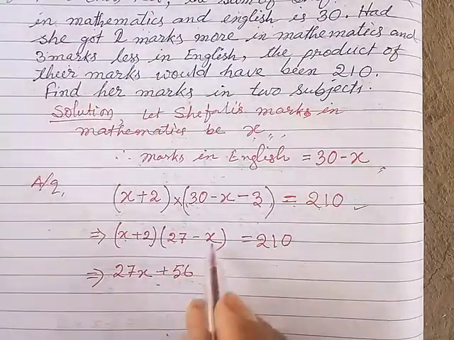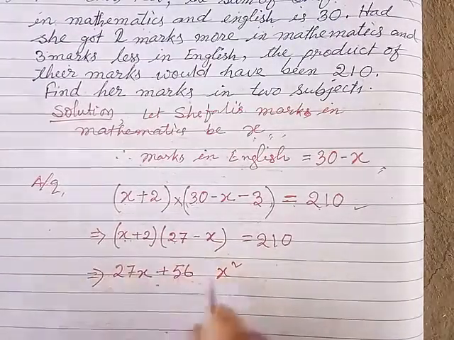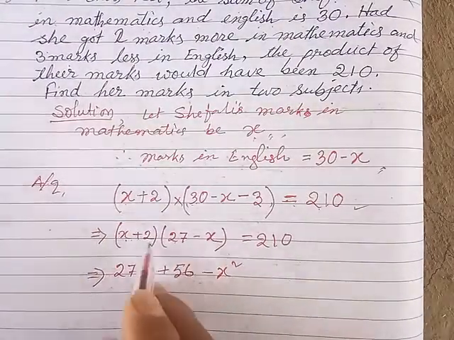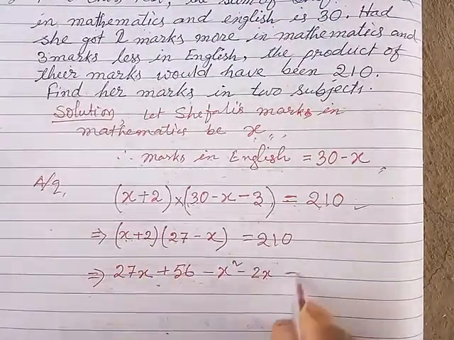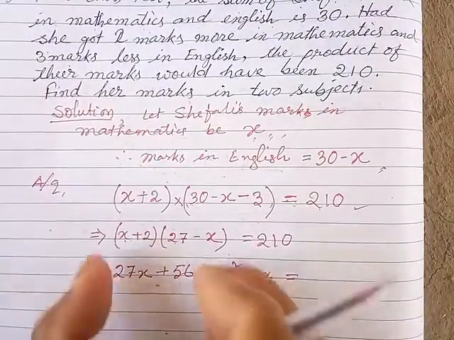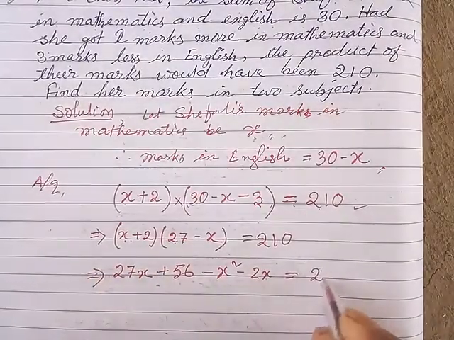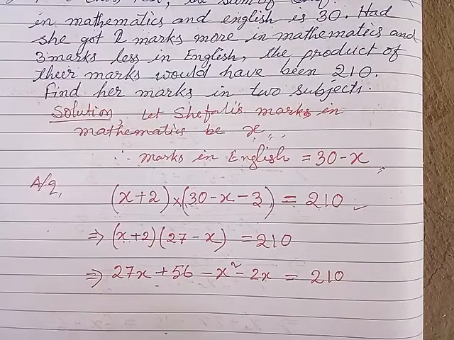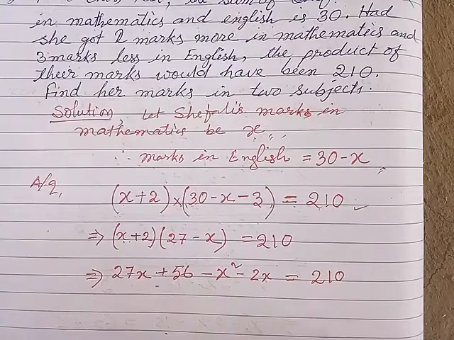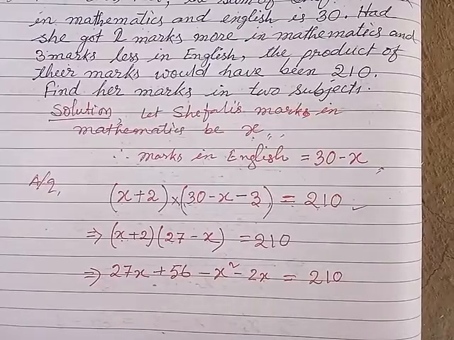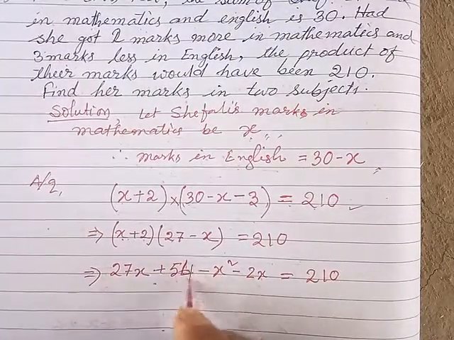Again X into X, X square, minus, and X into 2, 2X, minus. Everybody knows how to multiply. If you don't understand, multiply in rough, you will get this one. Sorry, 2 into 27 will be 54.